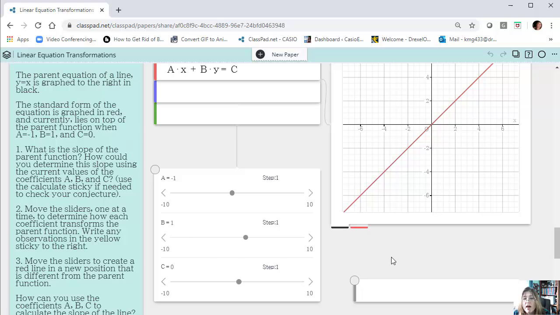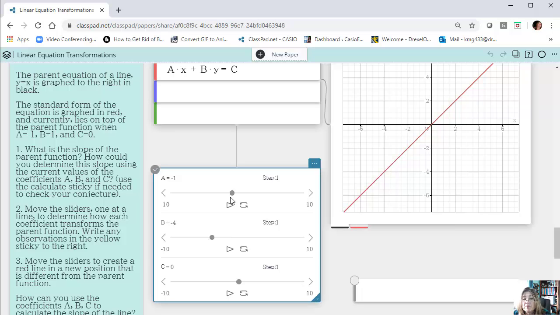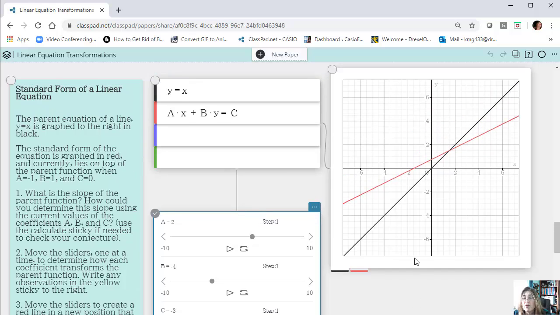So they're going to explore all that. They're going to use the sliders to change that red line and kind of figure out what those coefficients are doing in this form of the line, and how I can use that to help me find the slope and the intercepts. So they're going to be exploring that.